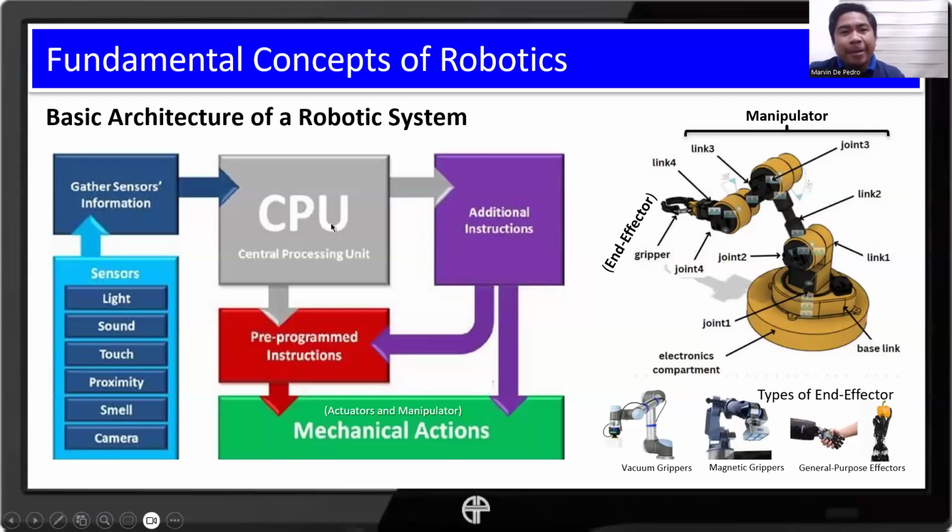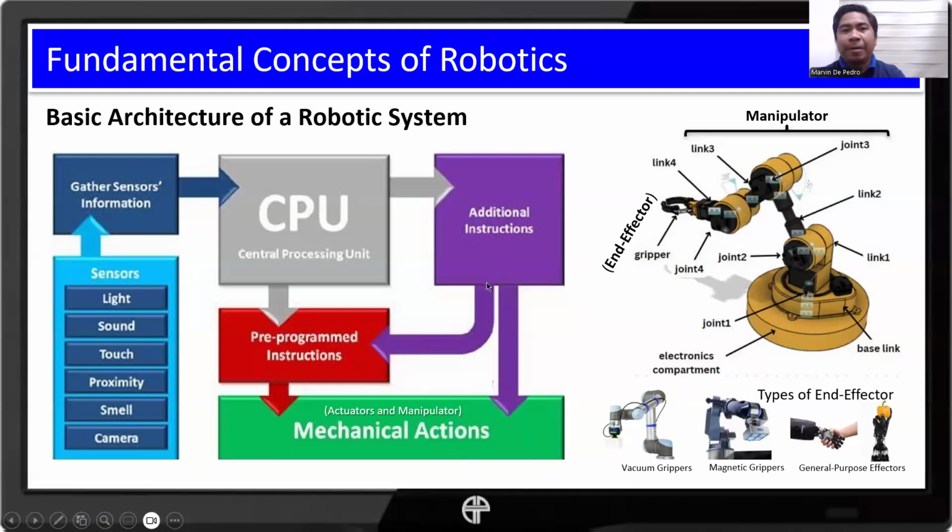And the additional instructions can either be directly converted into mechanical actions, or maybe they are just meant to update our pre-programmed instructions, especially when learning or adapting. But in normal cases, this happens both.